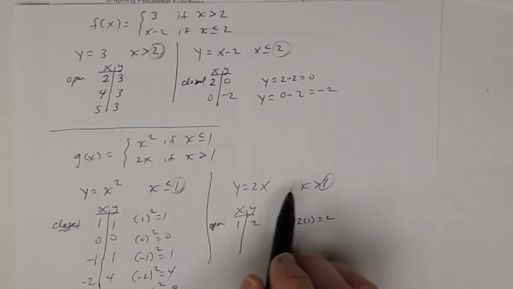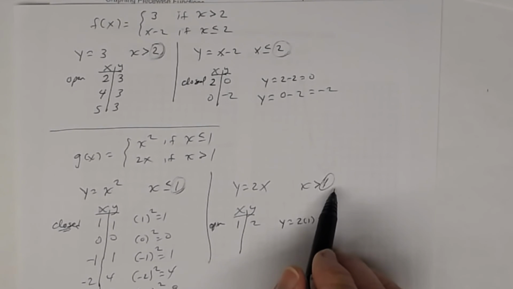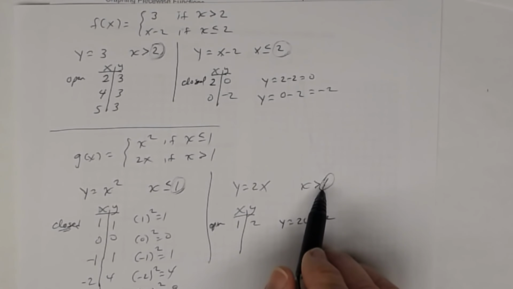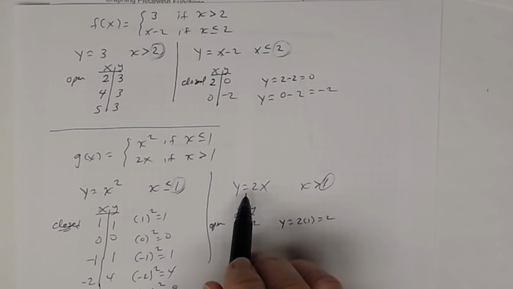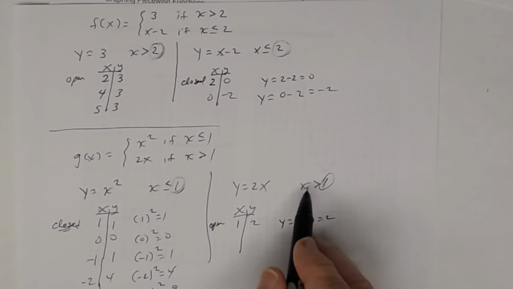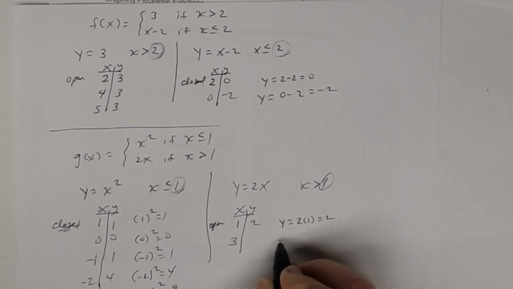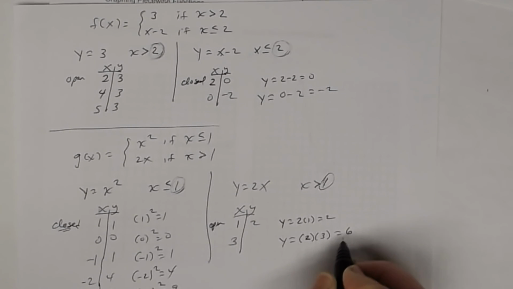Since the domain's restricted, there's going to be a ray here. It goes from x greater than 1, so 1 to infinity, with an open circle. So I just need 2 points. I need another value of x greater than 1, so let's say 3. If x is 3, I get y equals 2 times 3, which is 6.